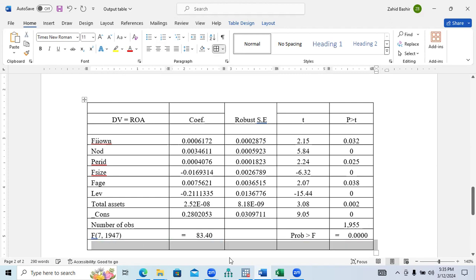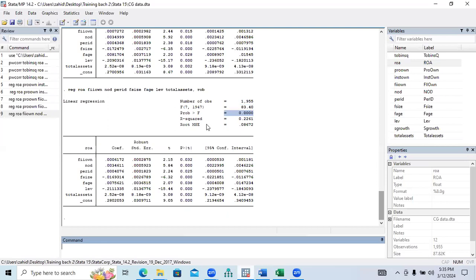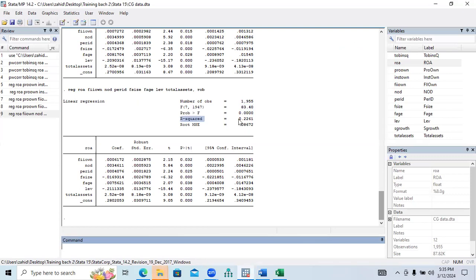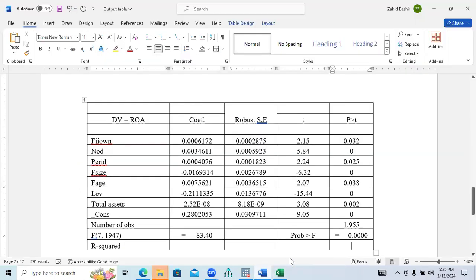Then in the next row, we need to adjust the R square value. It looks like 0.2261. Now, this table is complete for simple regression analysis.